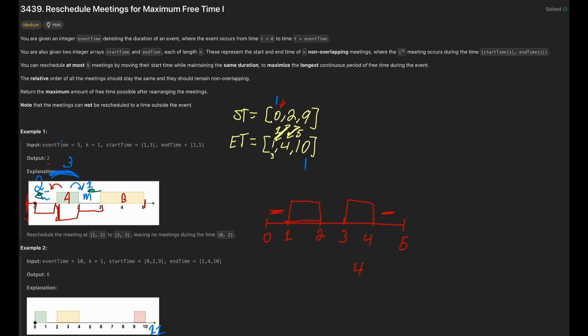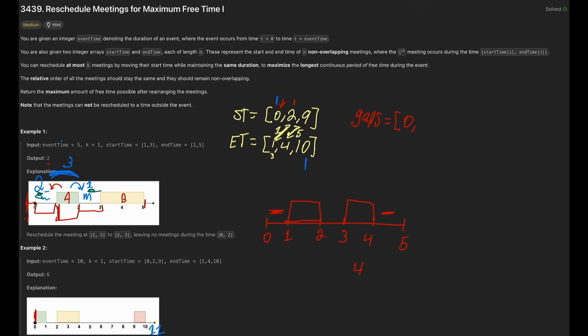So if we were to create the gaps for example 2, what that would look like is, again, the first gap is just going to be the 0th index of starting time, which is 0 for this one. And you can see there is no gap before the first meeting. Next, we will, again, look at the difference between the first index of start time and the index before that in ending time, right?